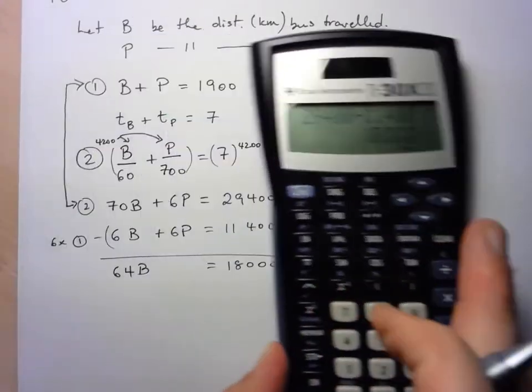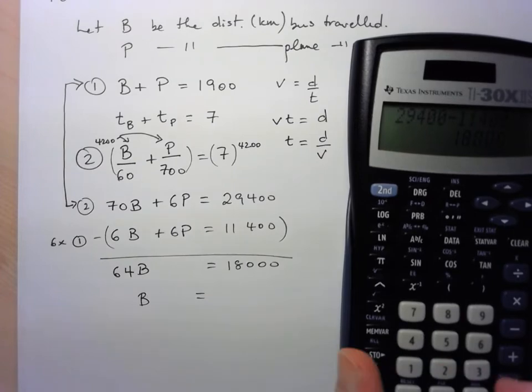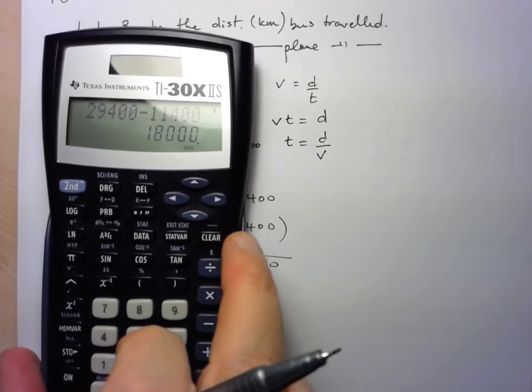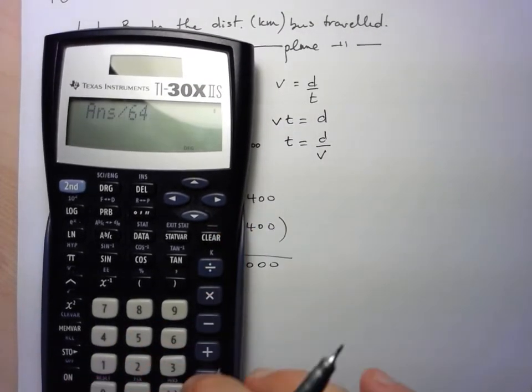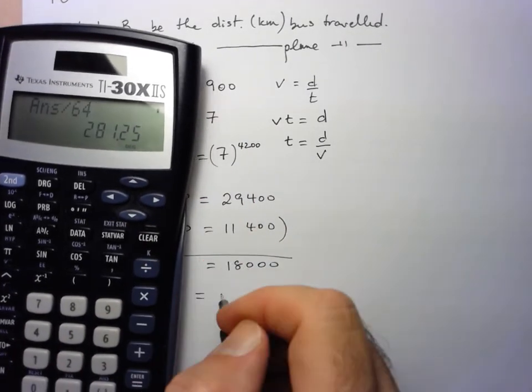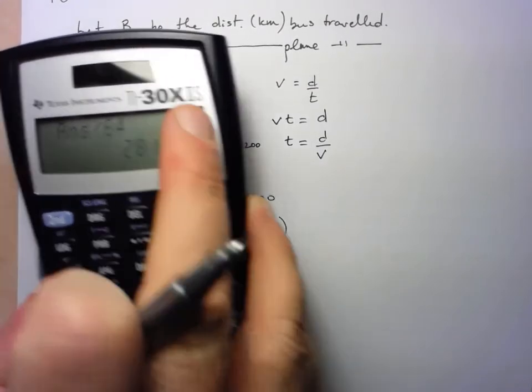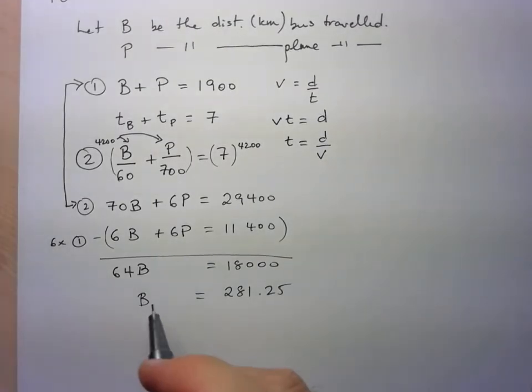And I'll leave that on my calculator because the next step is to just divide both sides by 64. So let's divide 18,000 by 64 and we get 281.25. So B is 281.25.